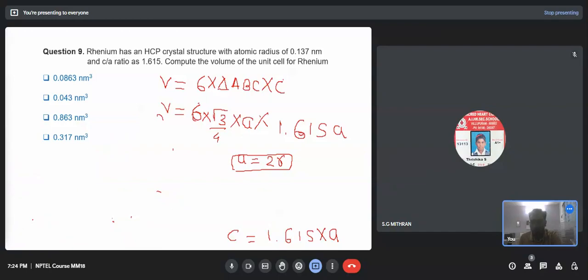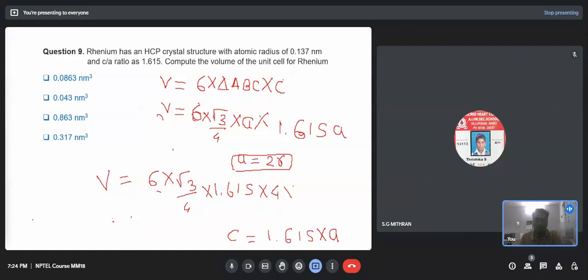Okay, so the volume of the unit cell will be 6 into root 3 by 4 into 1.615. 2 times a are there, so a square. So a is equal to 2r, so we'll keep a square as 4 r square.